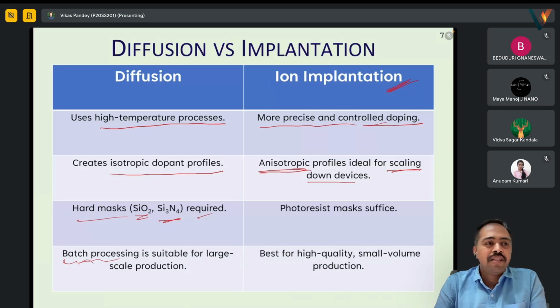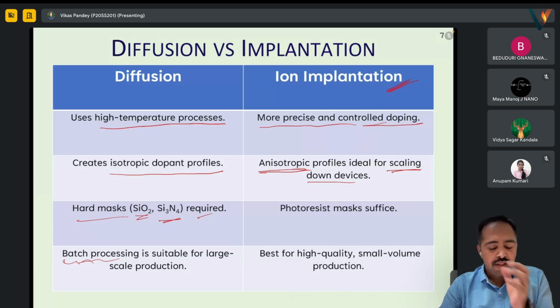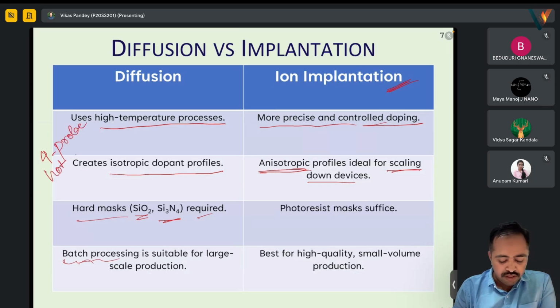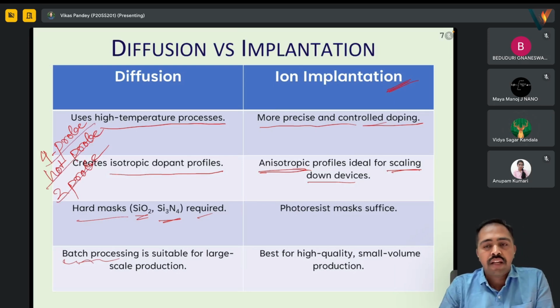I think in the previous lecture, at the end, we covered some methods, like the four probe method, the hot probe method, and some two probe methods. What this characterization technique basically does is check the resistivity or conductivity.